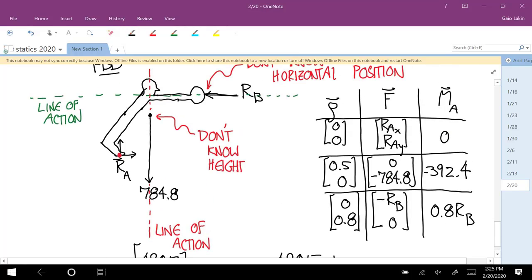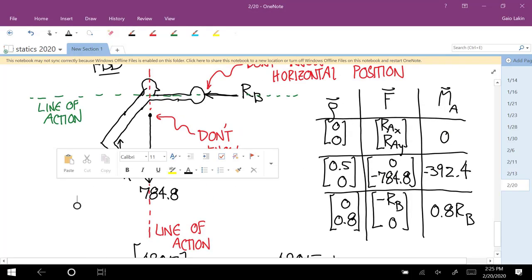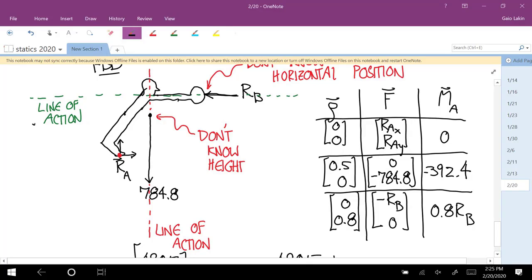And mathematically, let me show you why this works. What if the approach that we took was we just gave variable names to the things that we don't know. So for the rho vector for the weight force, we had 0.5 for x, and we just call this some unknown a or something.